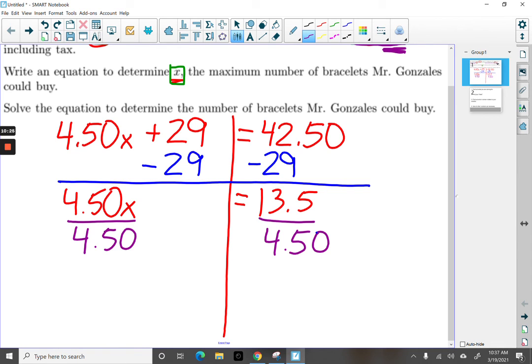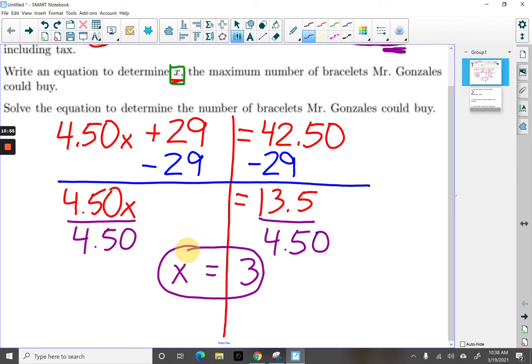That's going to disappear and leave me with just x on this side. X all by itself means I now have my answer. And I have to do the division here, of course. $13.5 divided by 4.50 is exactly 3. And so there is no need to change this. There is no need to round or anything like that.